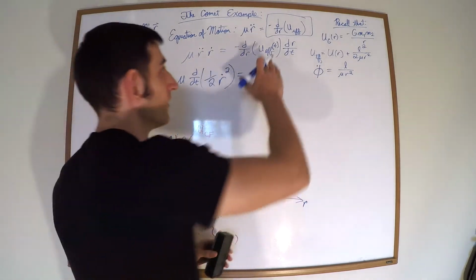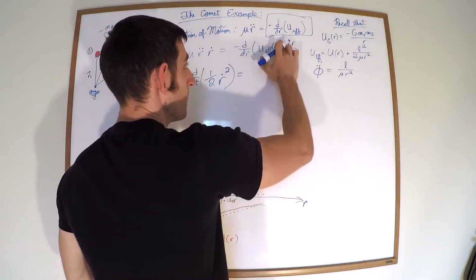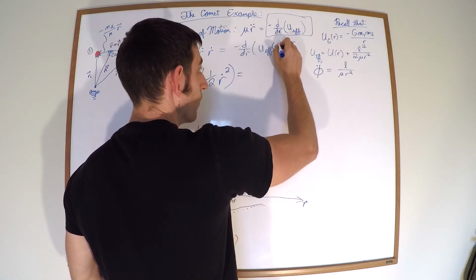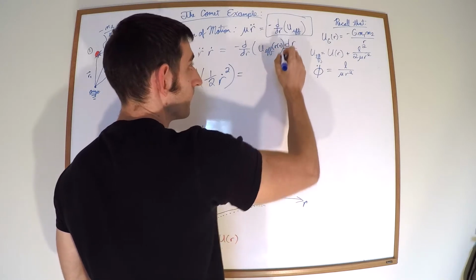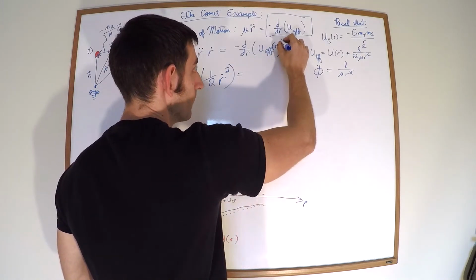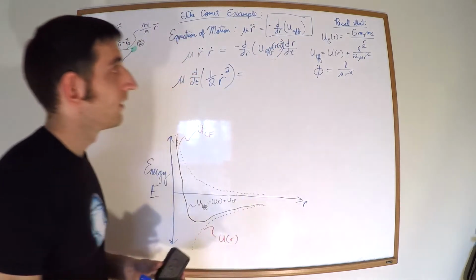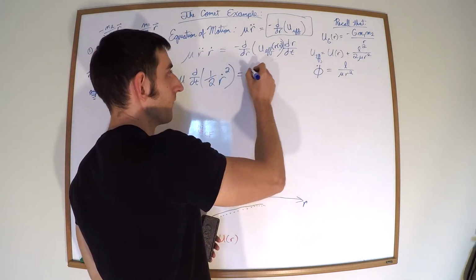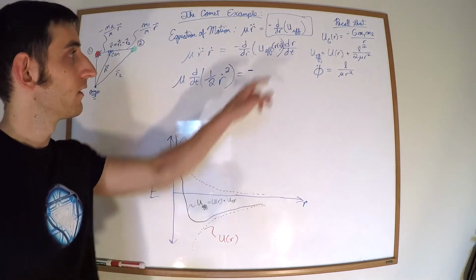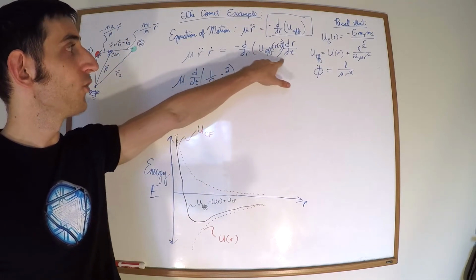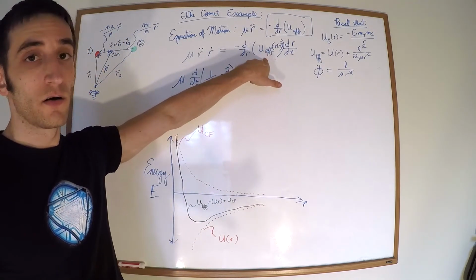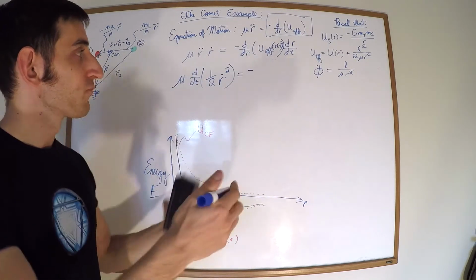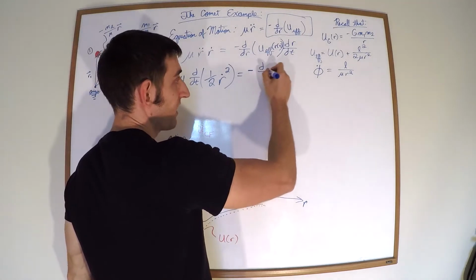Or rather, let's make it more explicit: it's a function of r, which is a function of time. So what this is saying is that this is no different than the time derivative of the effective potential energy, right? Because if we take this, I'm going to write it down and explain it.